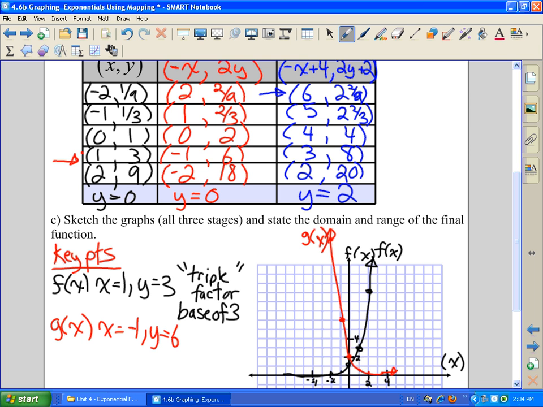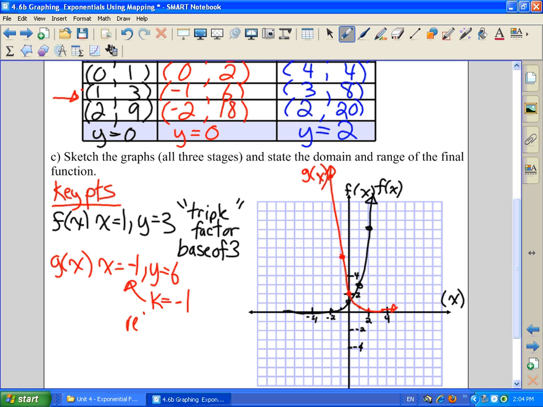Okay, so notice first of all that since it's negative, we have a reflection of the y-axis. That tells me k equals -1, which reflects the y-axis. I apologize, I think I said x-axis earlier.